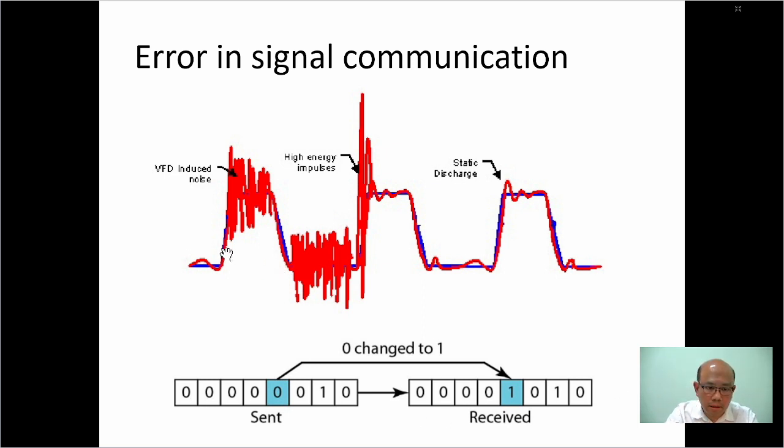For example, the transmitter sends the data here to the receiver. When the signal is hit by the noise signal in the red line, some noise is very small. It does not make a difference or change the value.